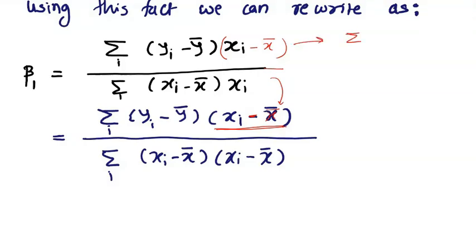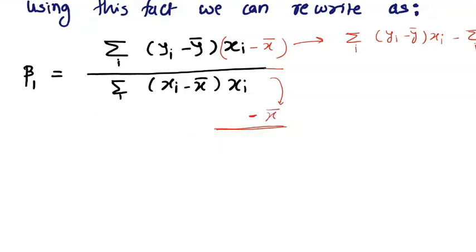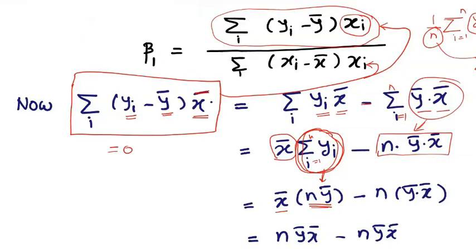numerator, this will be summation i of yi minus y bar into xi, minus summation i of yi minus y bar into x bar. Am I right? So I think this will be this quantity, which we have already said is equal to 0.